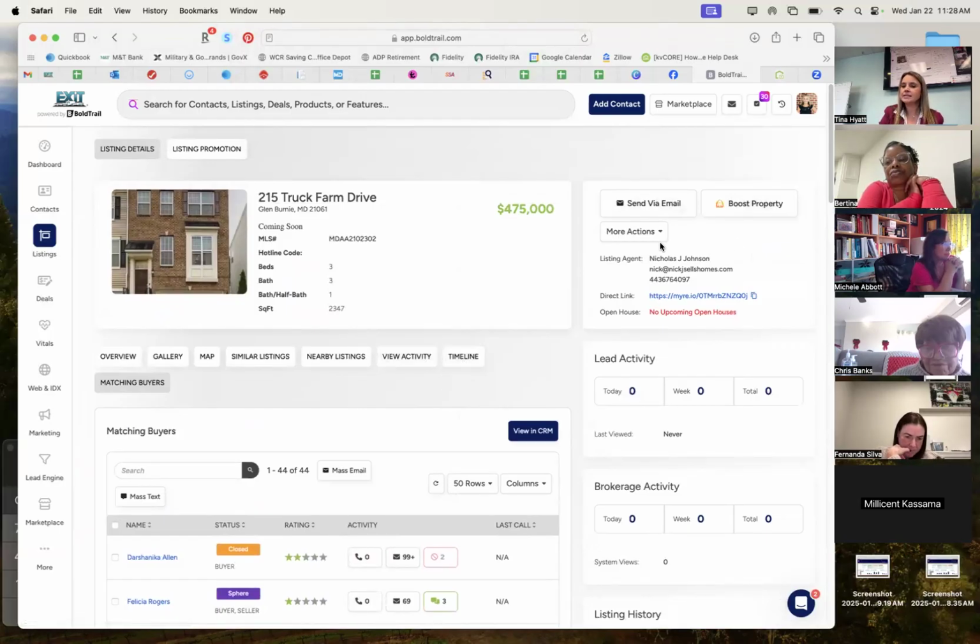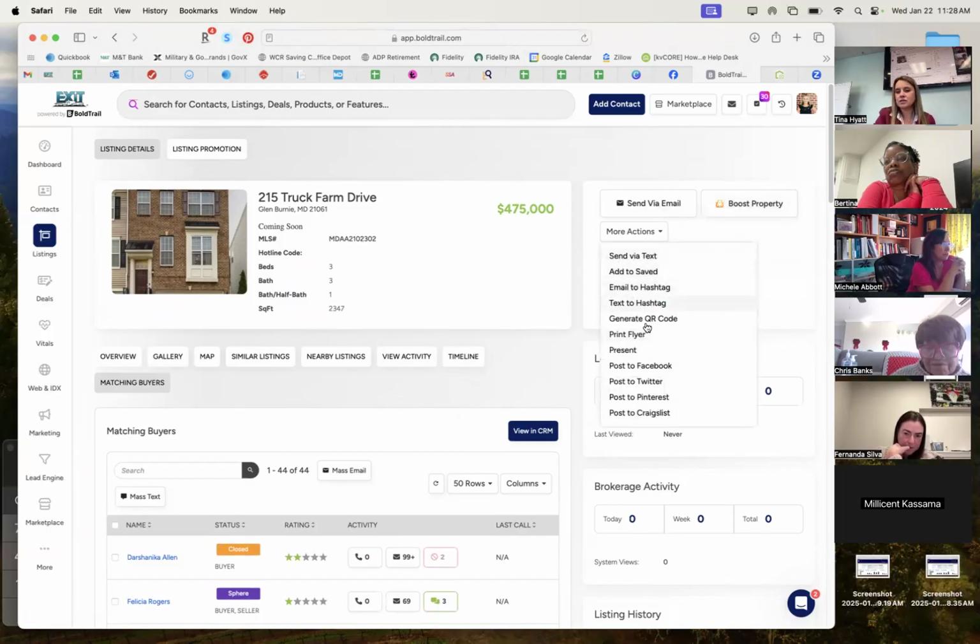So then on the right-hand side, this is boost property. This is where I can do my boosted ads on social media for my listing. Under more actions, I can email it out to everybody that has a hashtag Glen Burnie, so if you have people set up and you have hashtagged where they're searching, or I can email it out to hashtag sphere of influence, hashtag A buyers, hashtag A or A plus for your Buffini client databases.